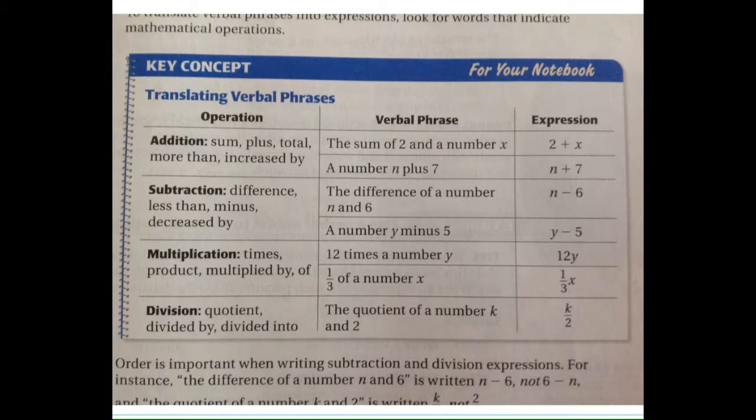For division, we have quotient, divided by, or divided into. Now, if it says quotient, you're going right in order. The quotient of a number k and 2 is k divided by 2. When it's divided by and divided into, it's a little bit different.